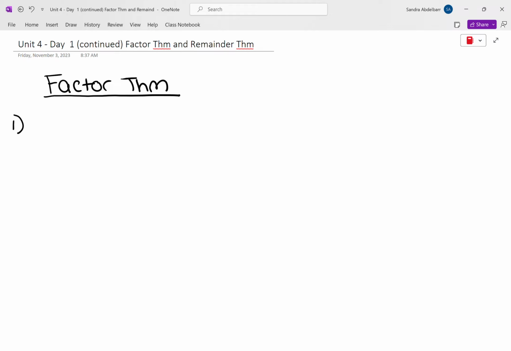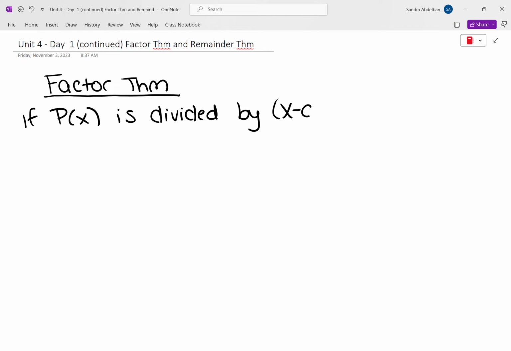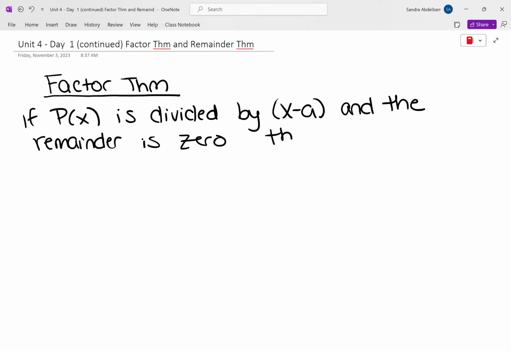Okay, so for the factor theorem, if p of x, some polynomial function, is divided by the quantity x minus a, and the remainder is 0, then we can conclude a bunch of things.